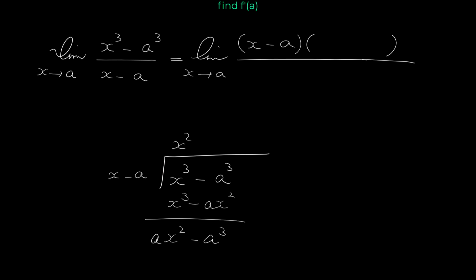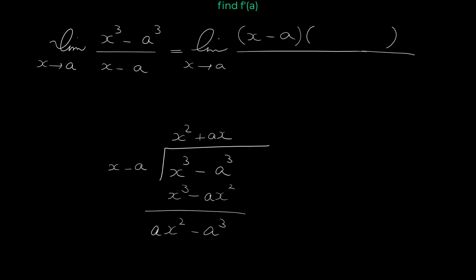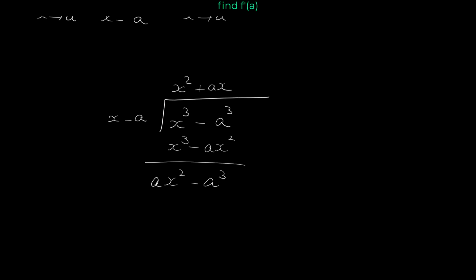Now we have to divide ax to the 2 by x. It would be ax. Now again, if we multiply ax by x minus a, it would be ax to the 2 minus a to the 2x. Subtract these two from each other, it would be a to the 2x minus a to the 3.